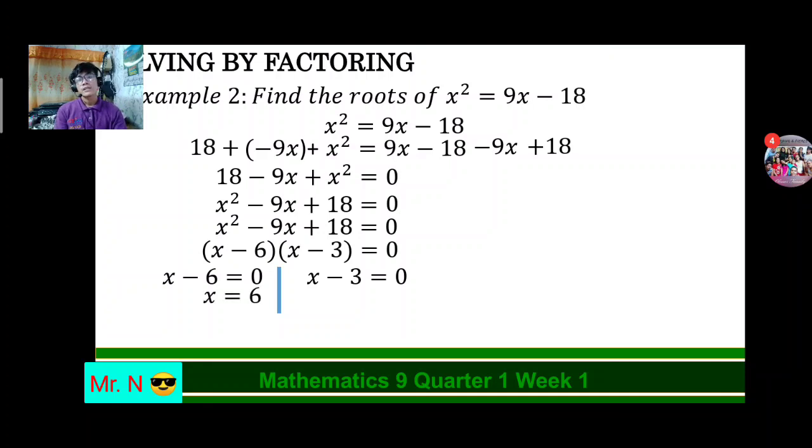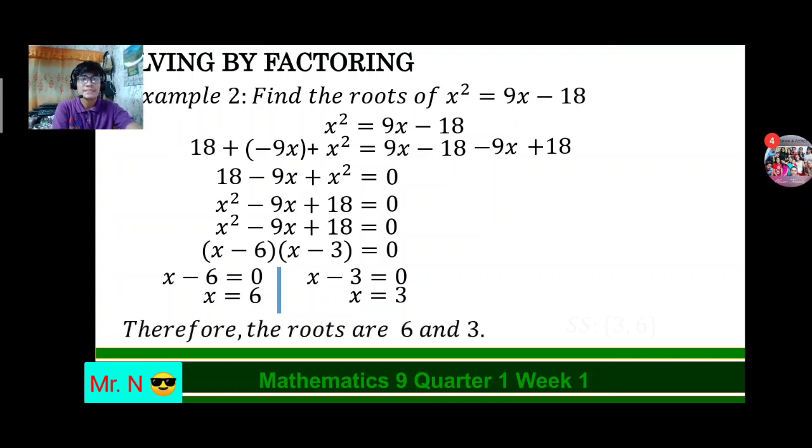So, x now will become 6 and x will be equal now to 3 by addition property of equality. So, therefore, the roots are 3 and 6 or 6 and 3. Or we have the solution set 3 and 6. Do you have any question?